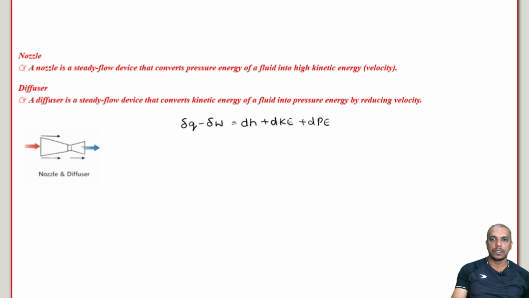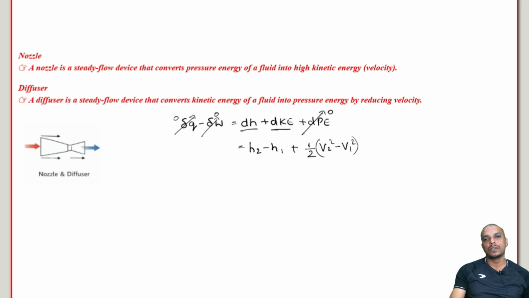So, both derivations will be the same. Heat transfer is negligible in a nozzle or diffuser. Work transfer is negligible. There is not much change in potential energy, assuming that inlet and outlet are at the same level. Now, what we will remain with is only these two terms: H2 minus H1 and the change in kinetic energy, which is half into V2 square minus V1 square.